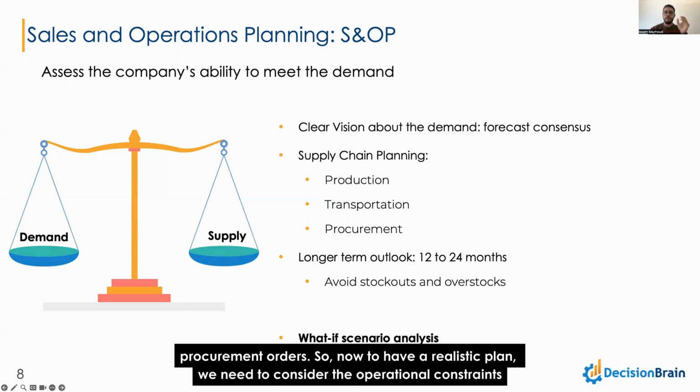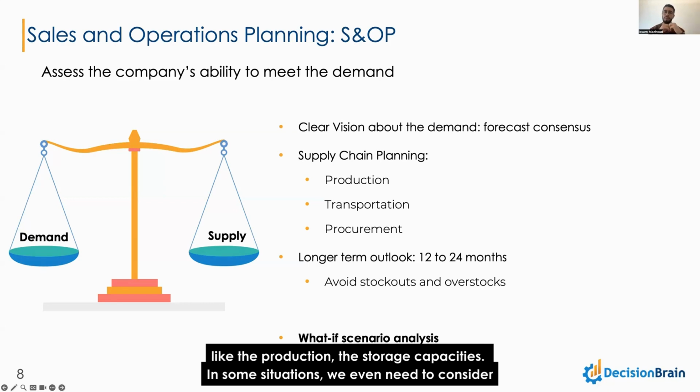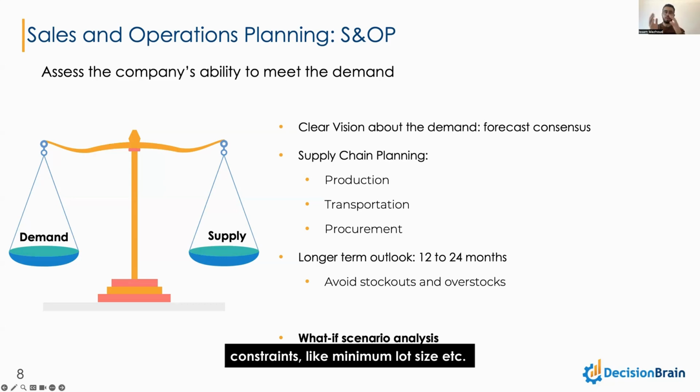Now, to have a realistic plan, we need to consider the operational constraints like the production and storage capacities. In some situations, we even need to consider the suppliers' capacities when they represent a potential bottleneck, and other operational constraints like minimum lot size, etc.